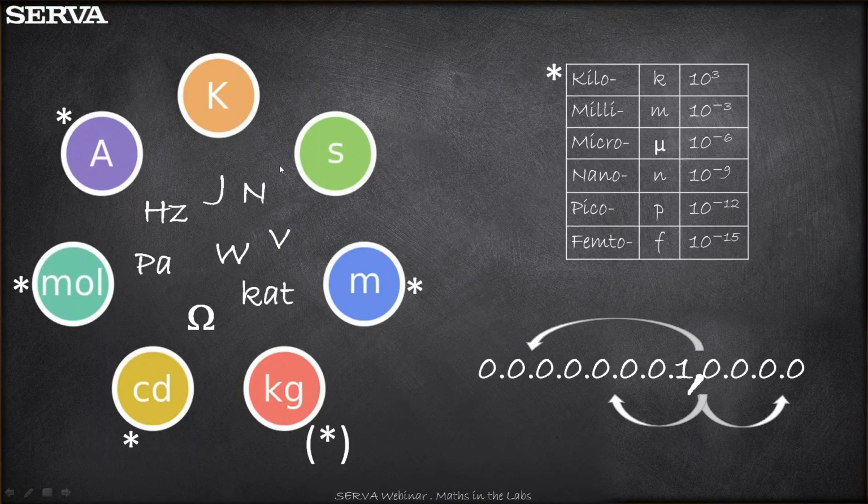Except for Kelvin and second, all units follow the decimal system. Kilogram is a special unit because the base unit already contains a 1000-fold factor, the kilo that is. To express parts or multiples, these prefixes are used.